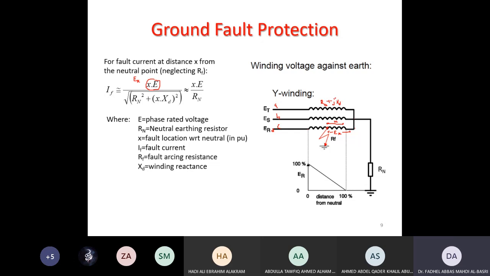So we have just the reactance times X, because I have a portion of the winding faulty, plus the neutral resistance R. That's going to be the voltage from here to ground. EX is the voltage from this point to ground.